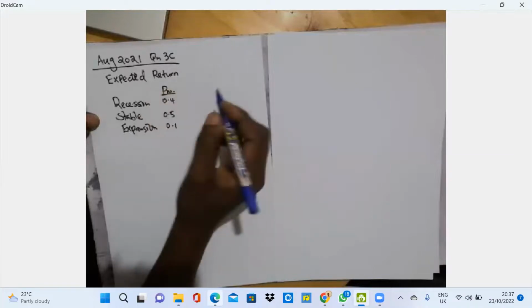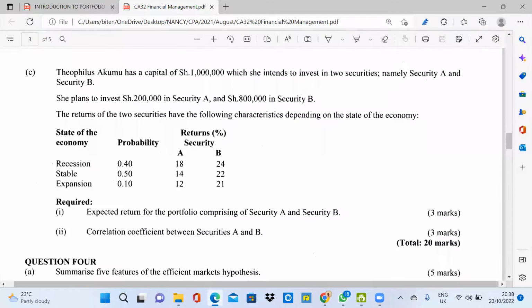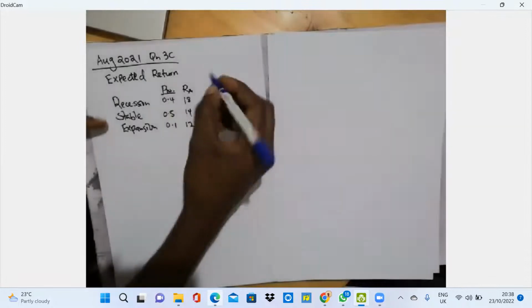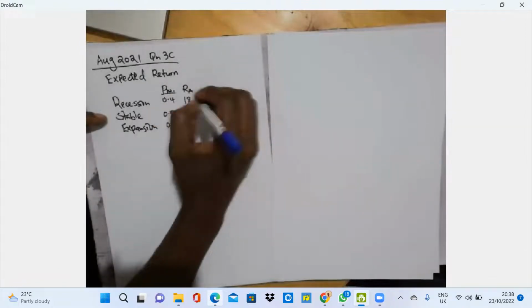That is the probability. And then return of security A, we have 18, 14, 12. So to get the expected return, you just multiply.